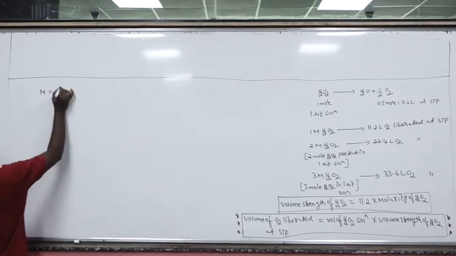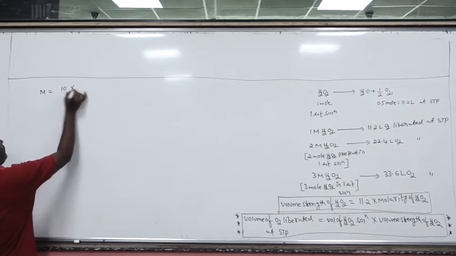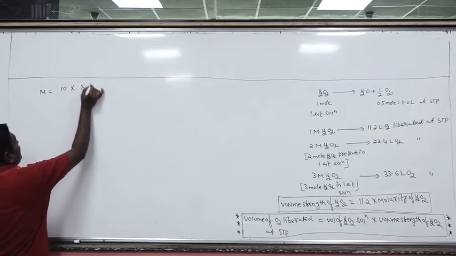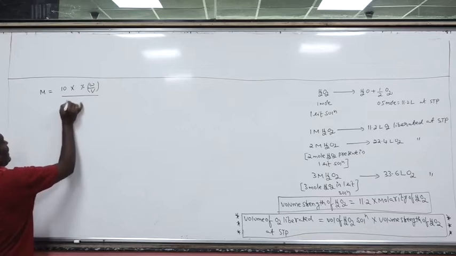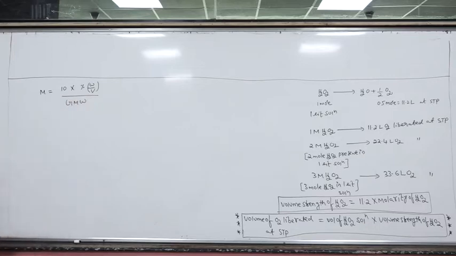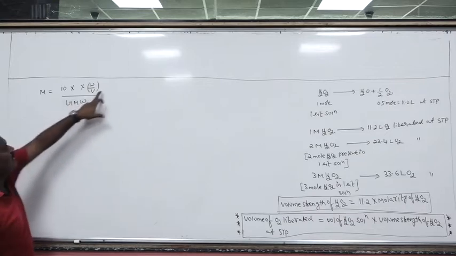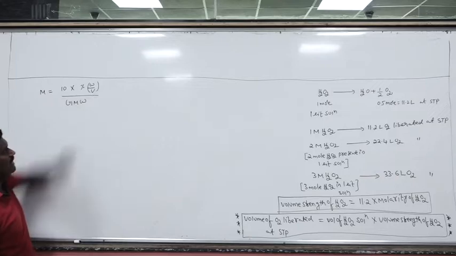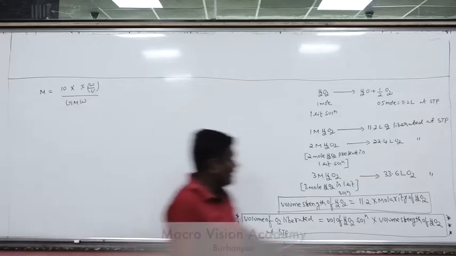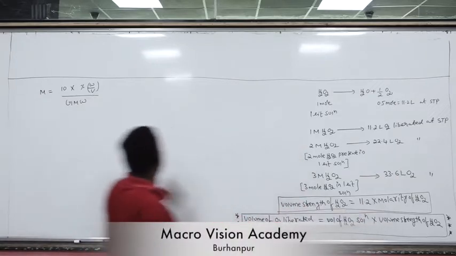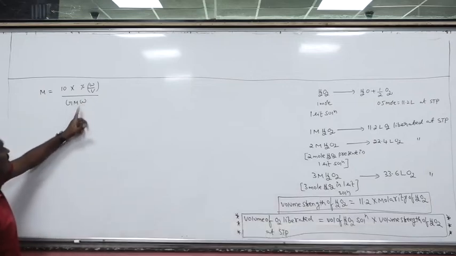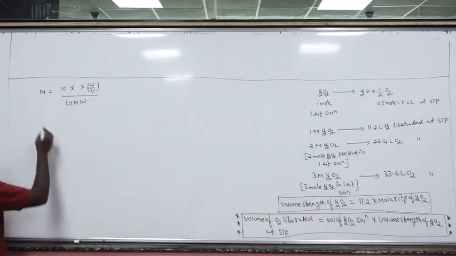Molarity is equal to 10 into percentage weight by volume whole divided by gram molecular weight. We know in molarity there is a formula related with molarity and weight volume percentage. Now here, instead of molarity, shall I write 10 into percentage W by V divided by GMW? Yes.